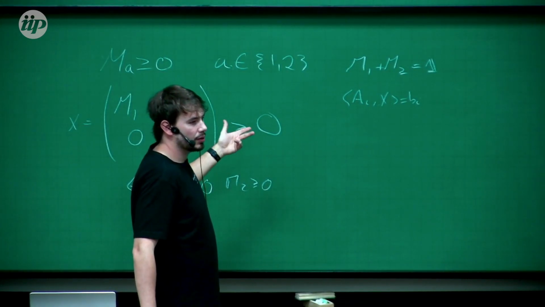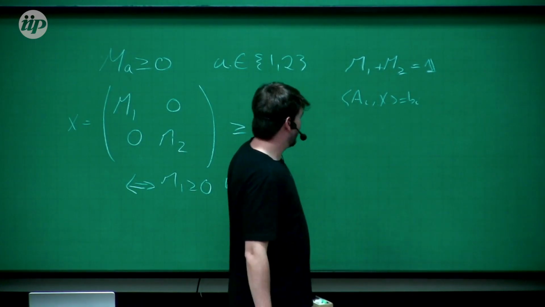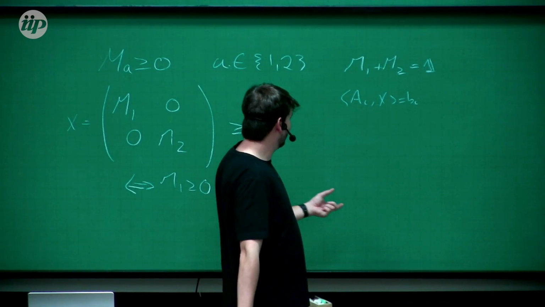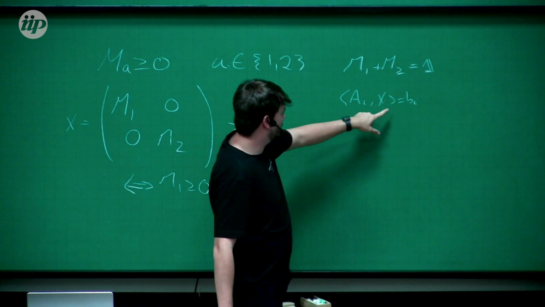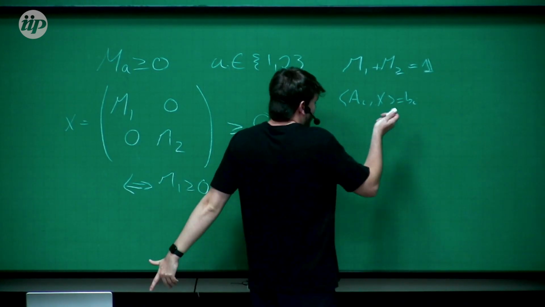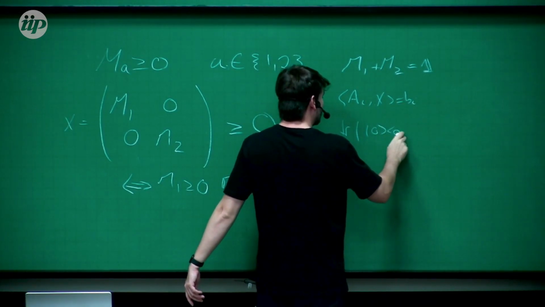So, for instance, let's just do the diagonal, okay? By doing these traces, for instance, we could do something like trace of this matrix with 0, 0.